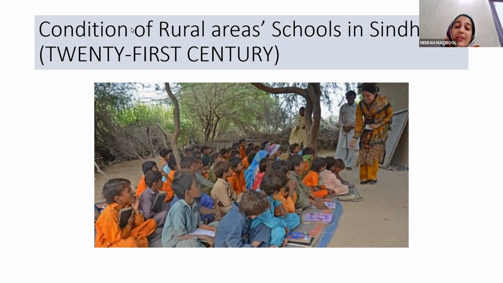The teacher is playing his or her role effectively in these particular conditions as well, without any proper infrastructure, buildings, furniture, whiteboards, or technologies, but still teachers are committed to their job. They are very hardworking, playing their role in such critical conditions of rural areas in Sindh especially. So this is the picture of 21st century schools in Pakistan, unfortunately.